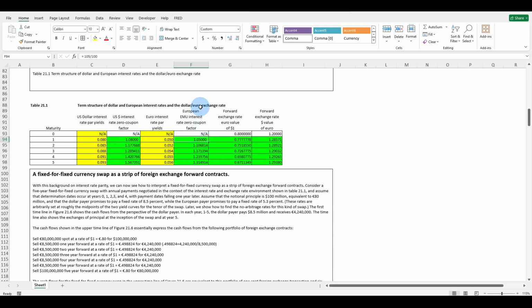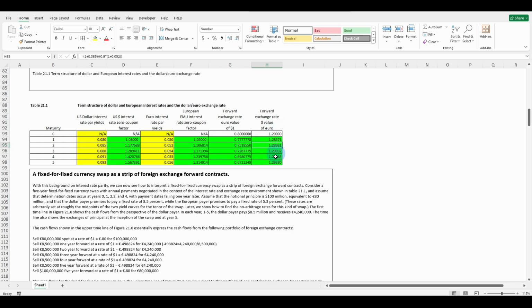Here we have the European EMU interest rate zero factor, and we're just using the same formulas as in the earlier sessions. Then we have the forward exchange rate of euro value of $1, and the forward exchange rate of dollar value of 0.